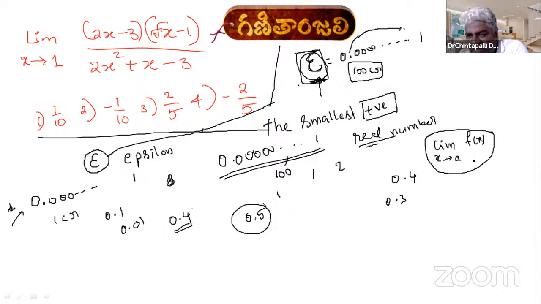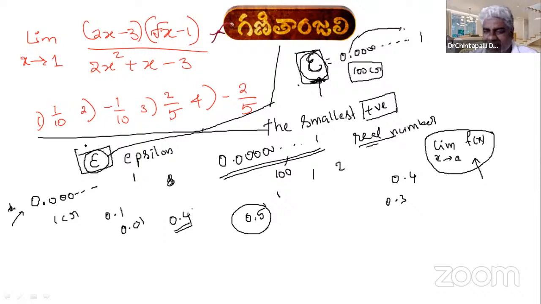Luckily, the actual definition of limit is not in the syllabus of 11th and 12th. It is taught only at graduation level, engineering or BSc level. In the definition, the concept of epsilon is used.